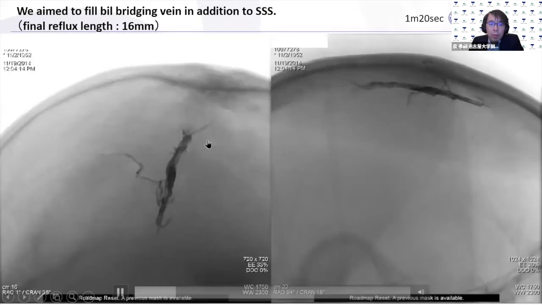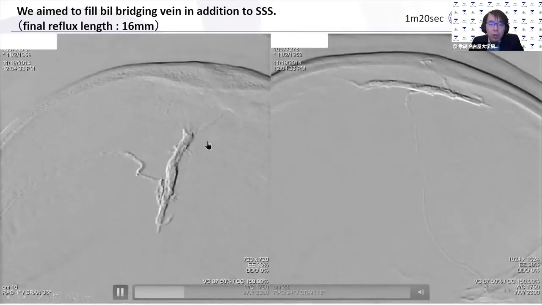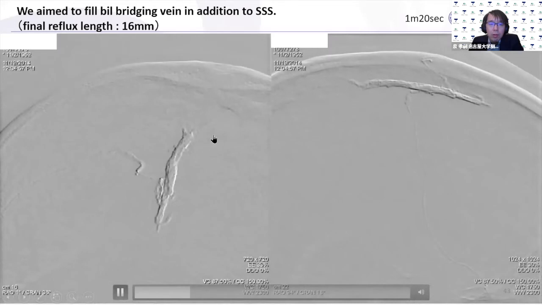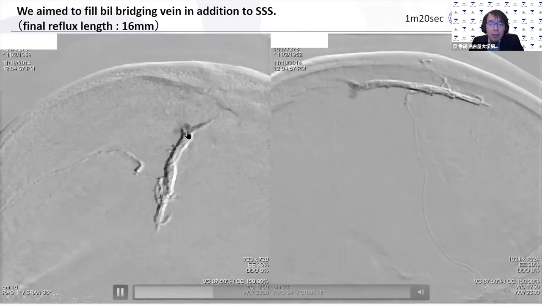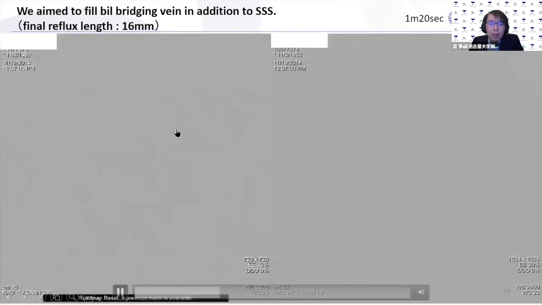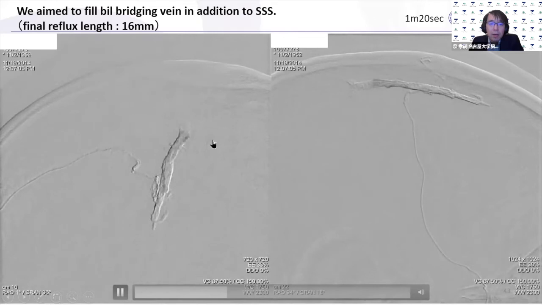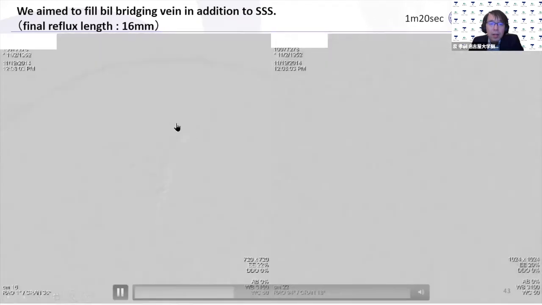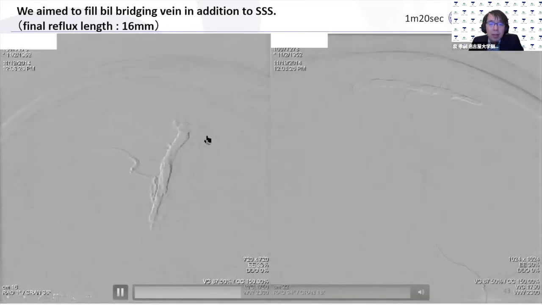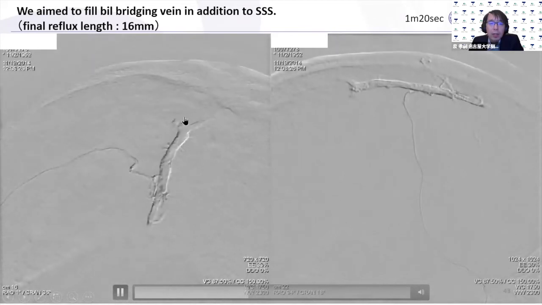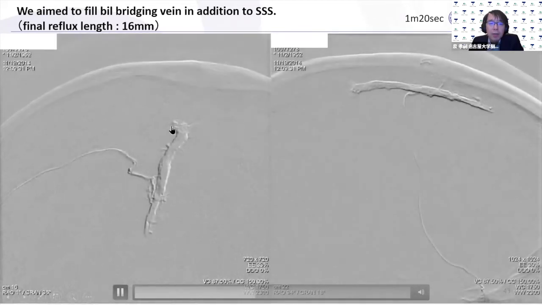The purpose is to protect against recurrence of DAVF. Now the left side and the right side. Both sides, I can feel the Onyx.